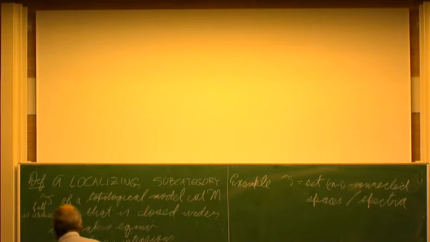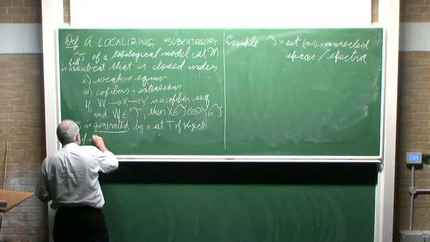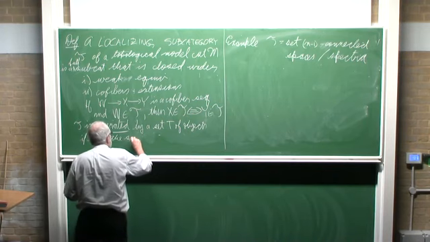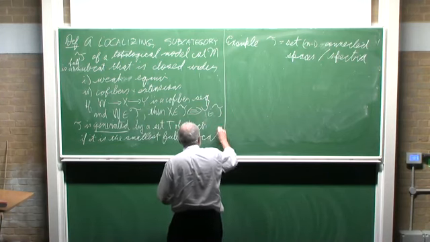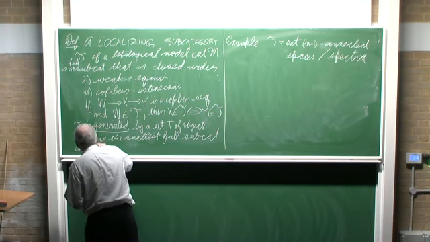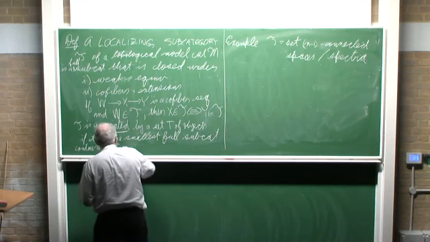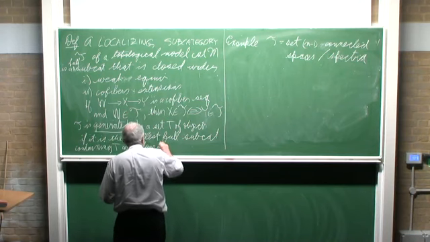Now, to continue this discussion, tau is generated by a set T of objects if it is the smallest full subcategory containing T and closed as above.